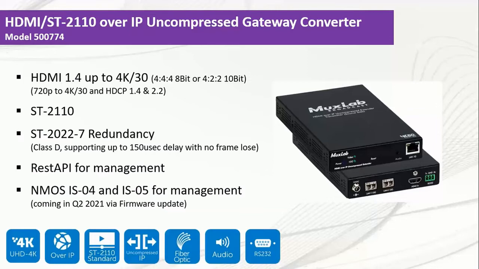So this particular model also supports ST2022-7, and that's basically a redundancy standard. It's a Class D, meaning that it supports a delay between the two different LAN paths, media paths, of up to 150 microseconds, and you still won't lose a single frame.